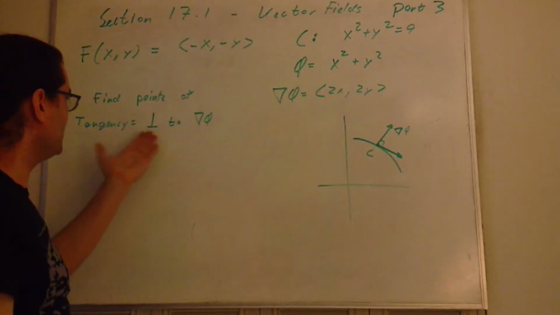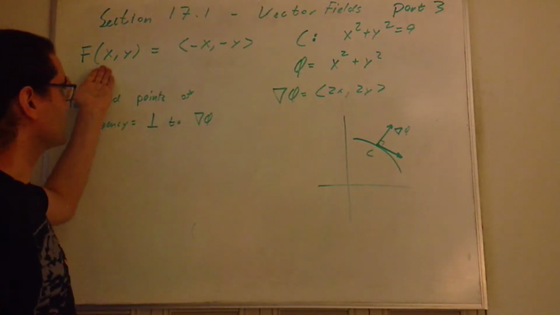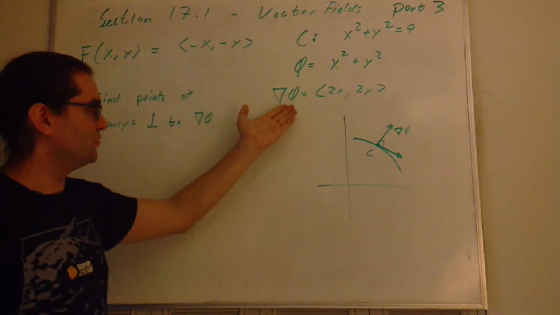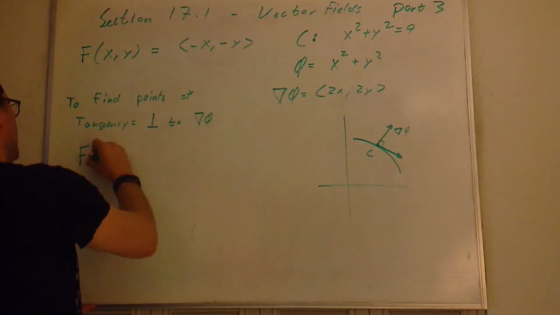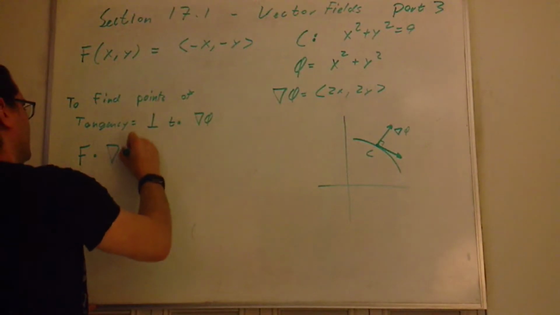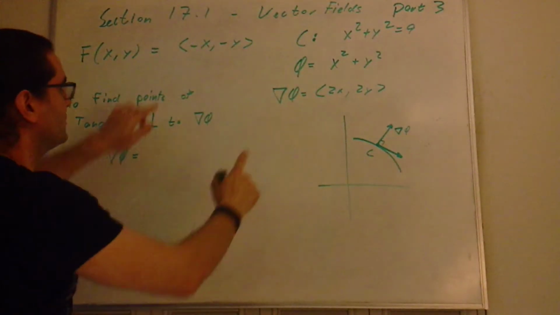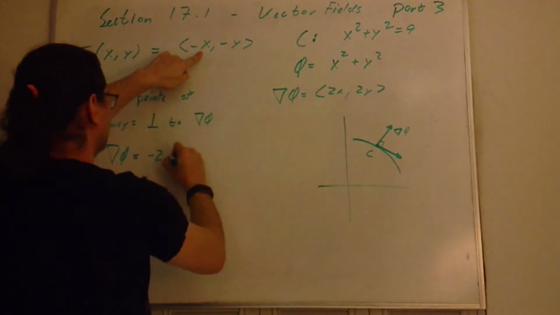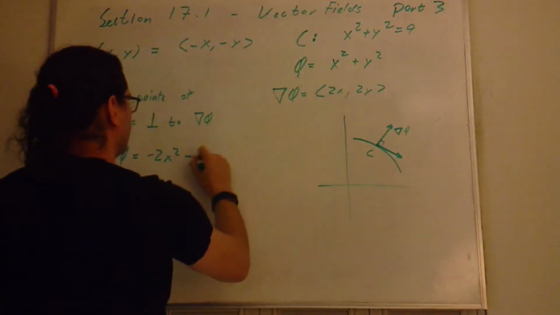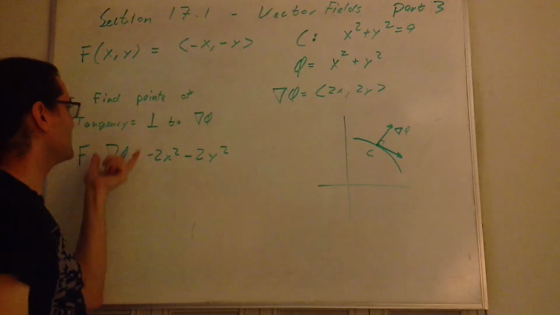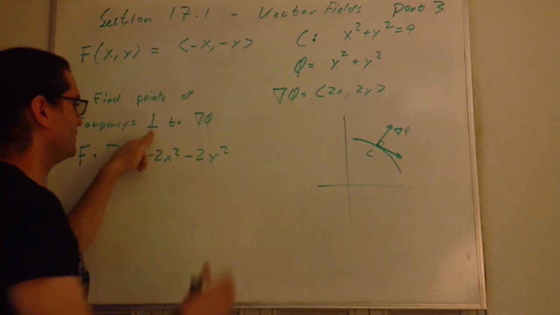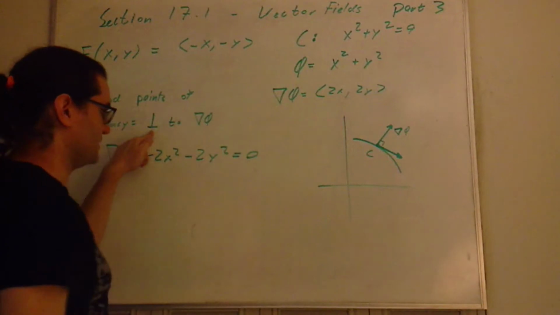And we can see whether this function is perpendicular with this function by taking the dot product. F dot del phi is going to be negative 2x squared minus 2y squared. If we want these things to be perpendicular, we have to set that equal to 0.